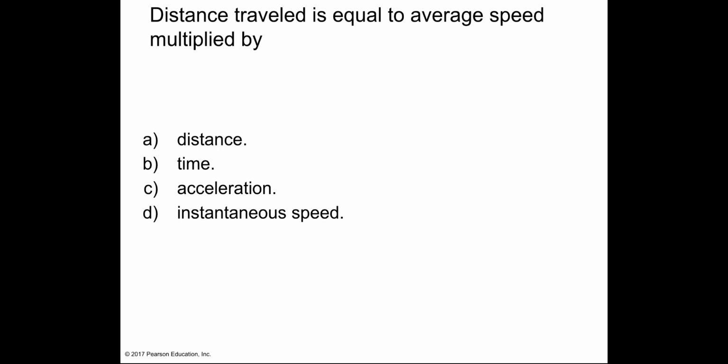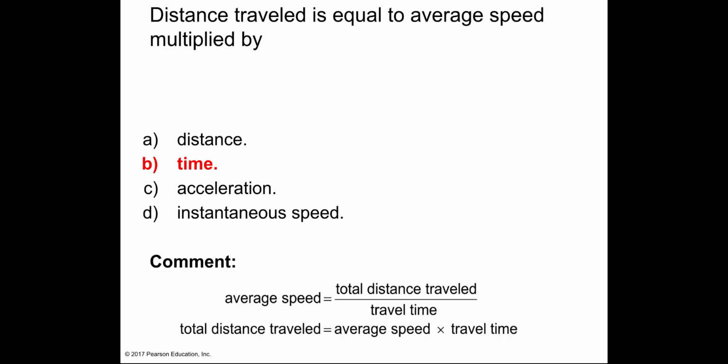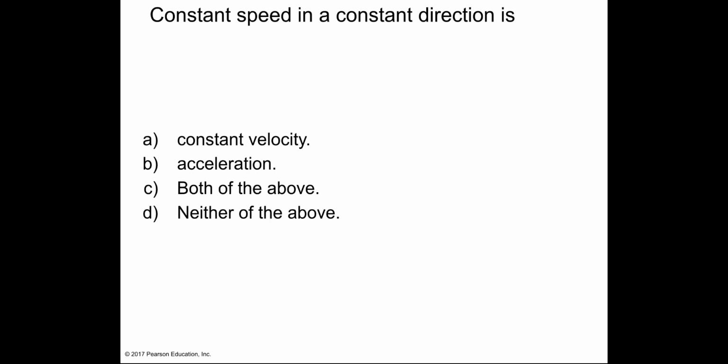If you remember the formula for speed, then you should be able to answer this question. Multiply by time. So we said average speed is equal to total distance traveled divided by the time traveled. So if you rearrange this formula, you realize that the total distance traveled is equal to average speed times travel time.